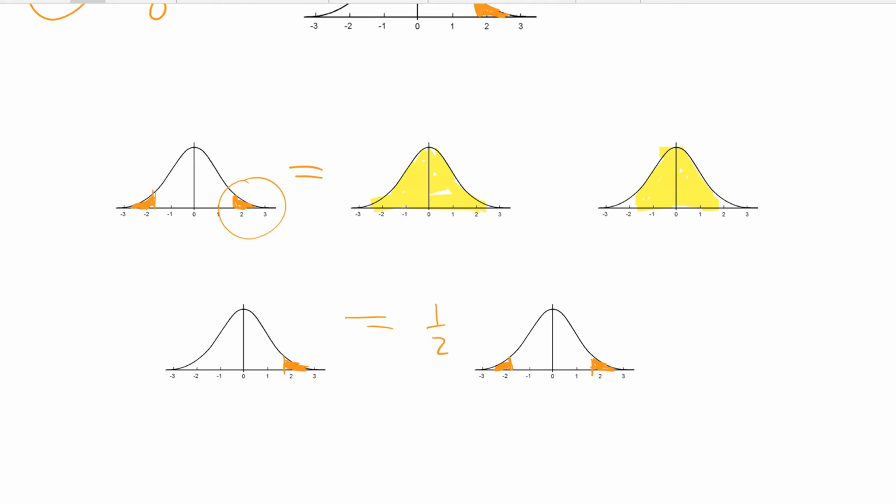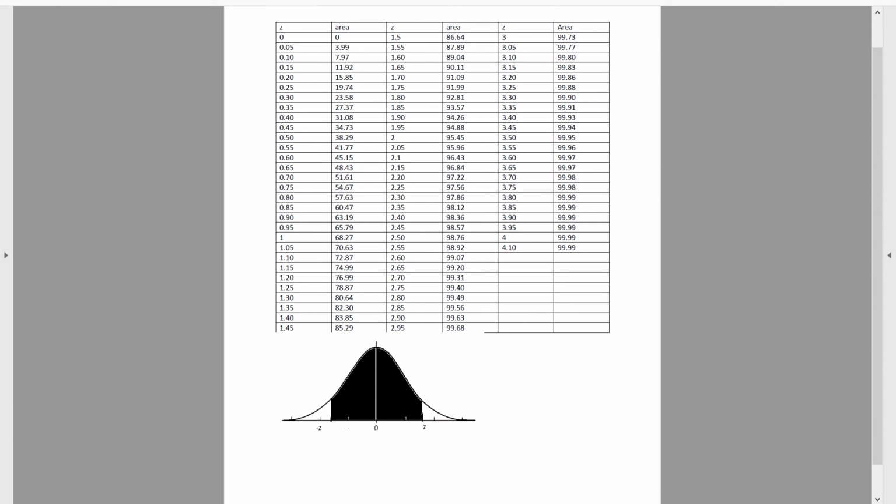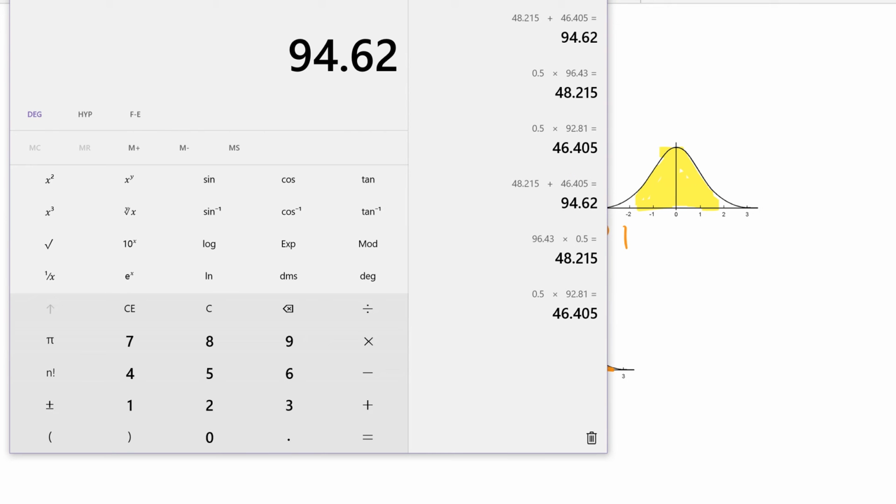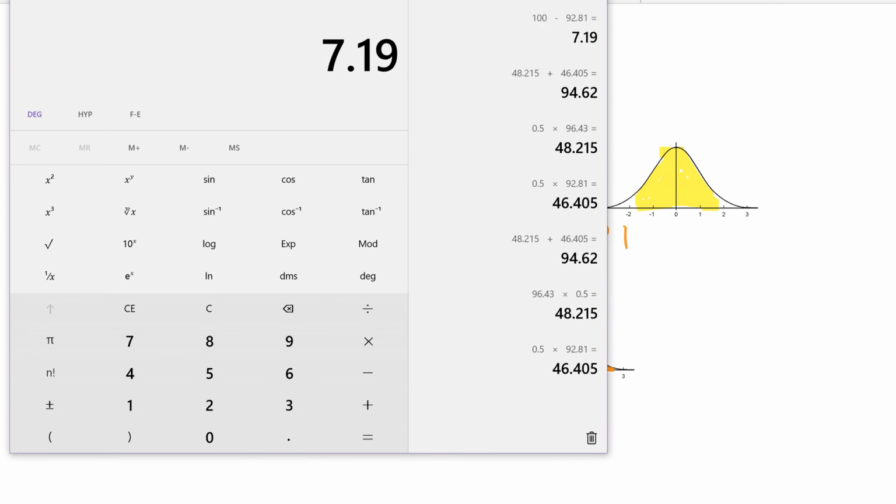Let's plug in the numbers here. The area outside negative 1.8 to 1.8 is 100 minus the area between negative 1.8 and 1.8, and quickly look that up again, 92.81. And that is 100 minus 92.81 is 7.19.